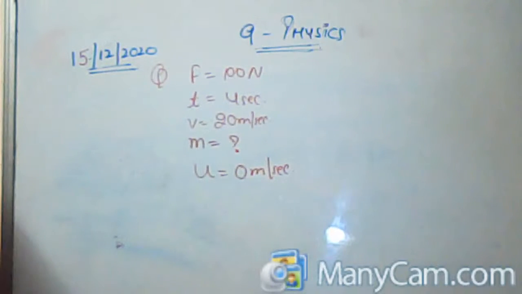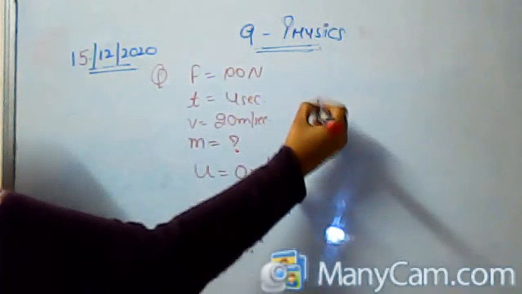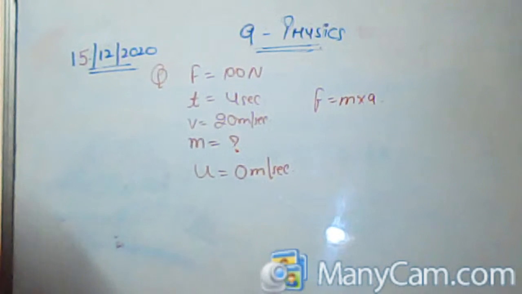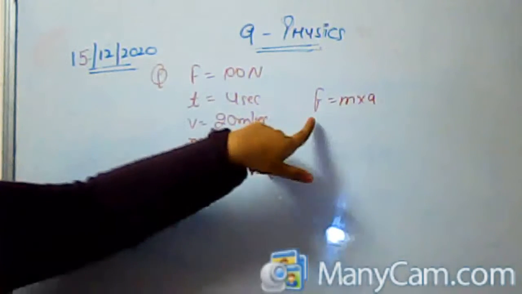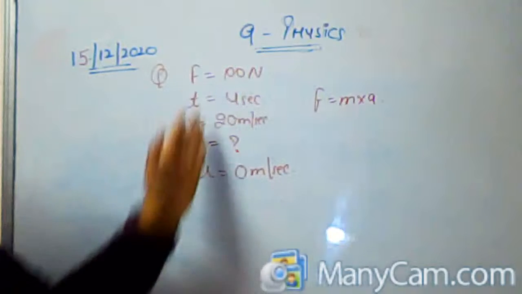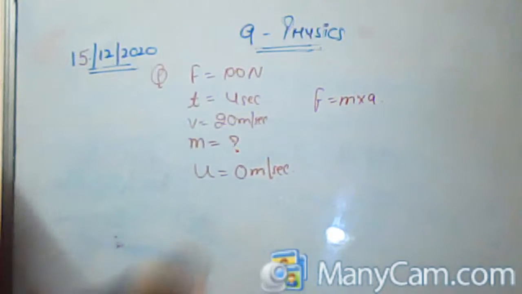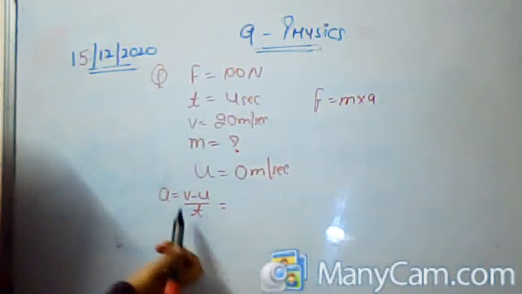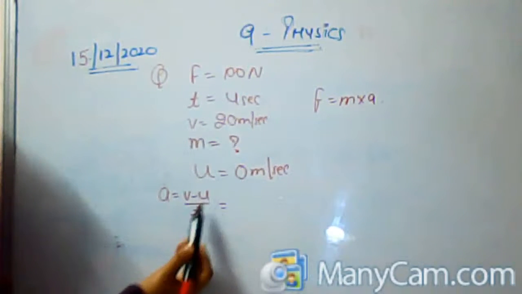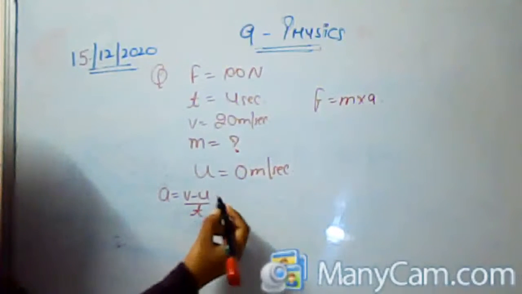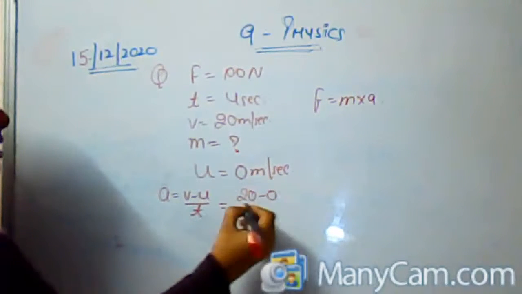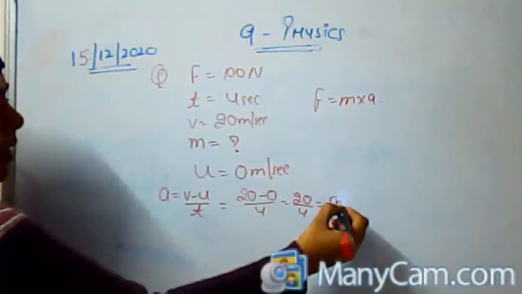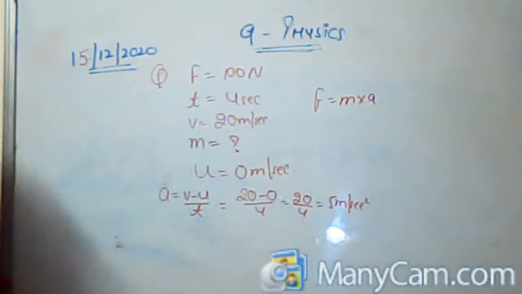The formula we have is force is equal to mass into acceleration. So mass you can find if you have force and acceleration. Force you have directly, acceleration you don't have. But you know the formula for acceleration: acceleration is v minus u over t. Final velocity, initial velocity and time you have, so you can just put the values and get the answer. 20 minus 0 over 4, that is 20 over 4, that is 5 meter per second square.